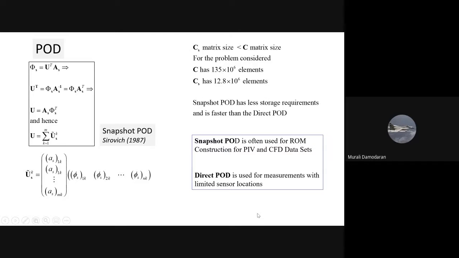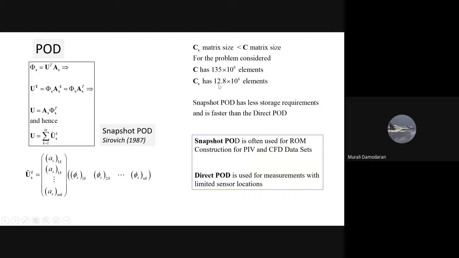In such a case, when you take on more values, like a 2D problem including U and V, the covariance matrix from the direct POD will have 135 times 10 to the power of 6 elements, but the covariance matrix from the snapshot POD will stay the same as before.